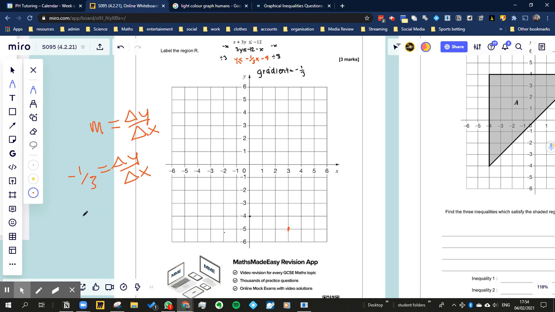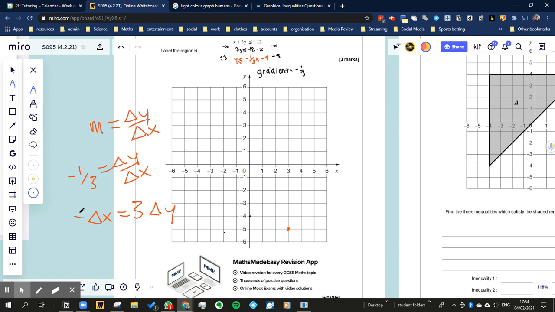So we could multiply both sides by 3, and then multiply both sides by the change in x. So we would get negative change in x is equal to 3 times the change in y.